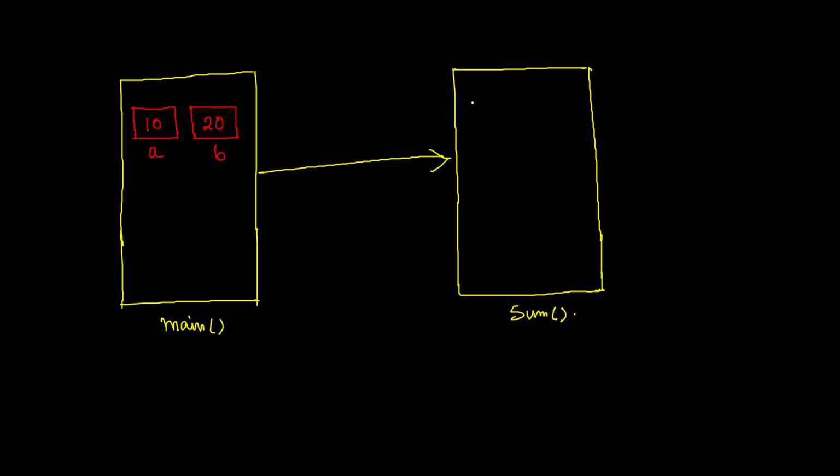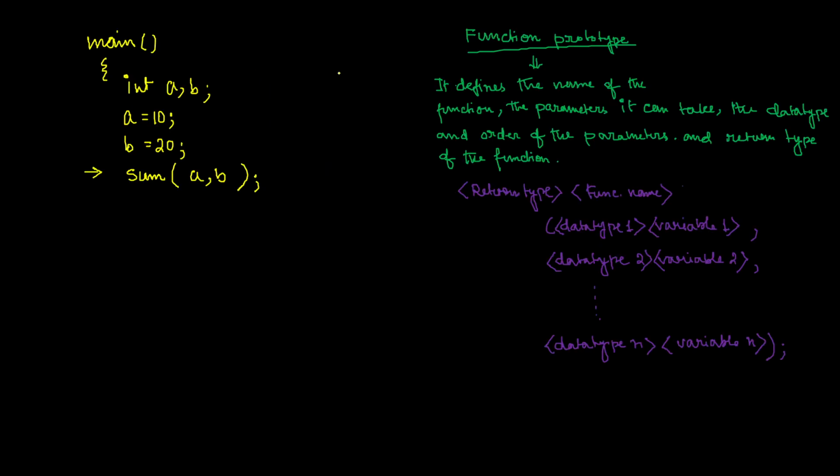That means I must have two more variables over here where the values of A and B will get copied, and those two variable names will be defined in this way, variable 1 and variable 2.